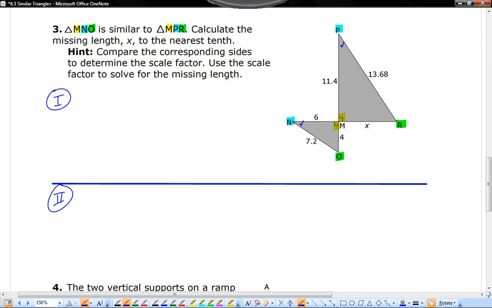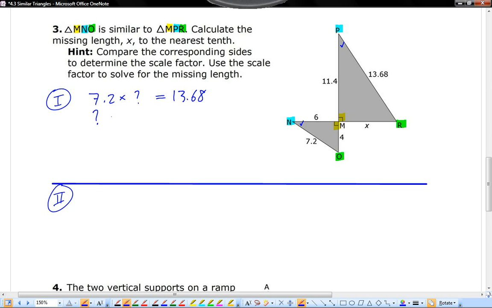So now, since we know that they're similar, we know that there is a constant ratio that multiplies the smaller triangle to get the larger triangle. So for instance, if I look at the hypotenuse of the smaller one, 7.2, and I multiply by some scale factor, this is going to give me the 13.68.